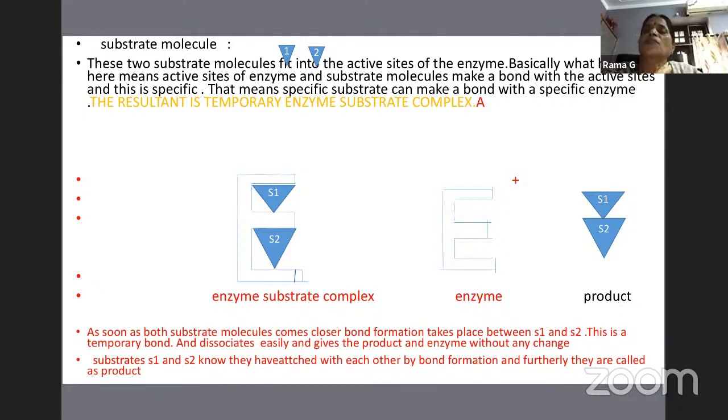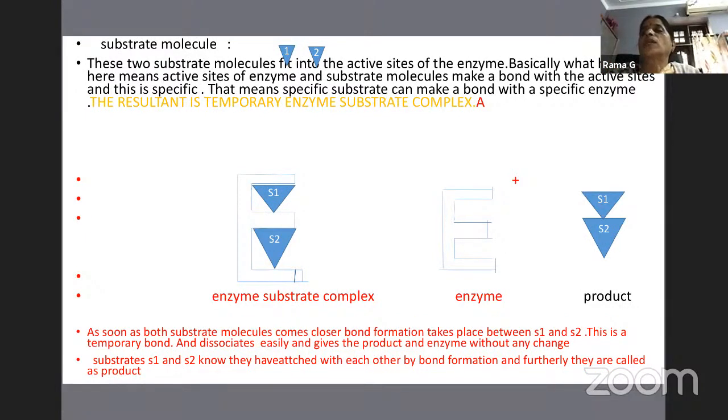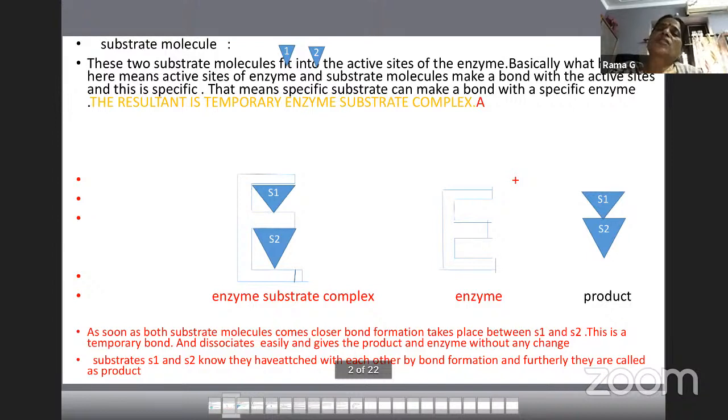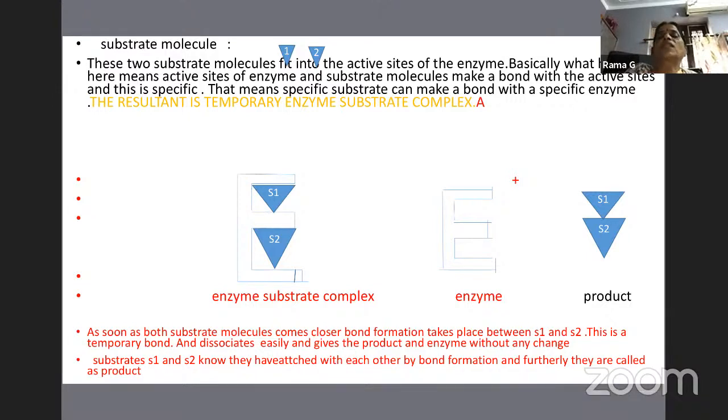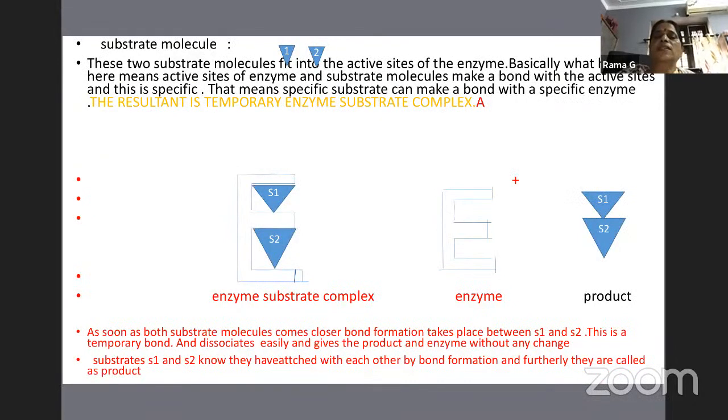And here the enzyme-substrate complex is only one. That means there is only one type of active site, and this active site fits the substrate molecules and gives a complex, and this complex again undergoes reactions, giving the enzyme and a new product.